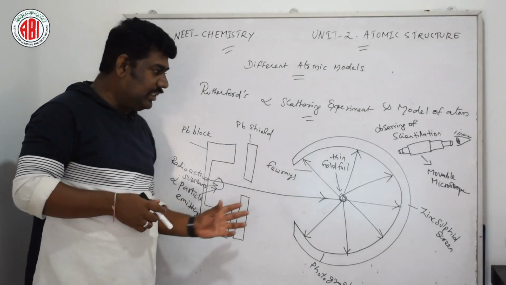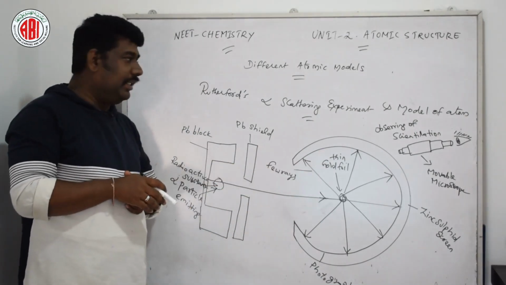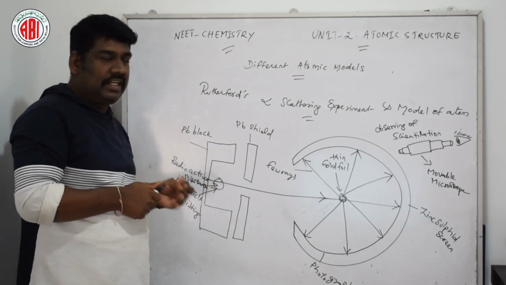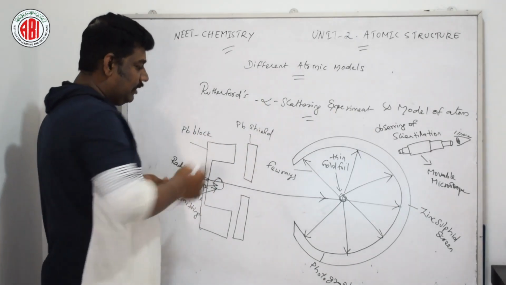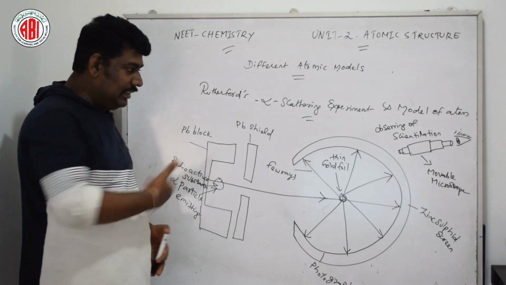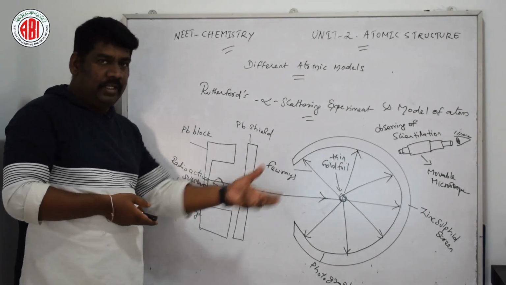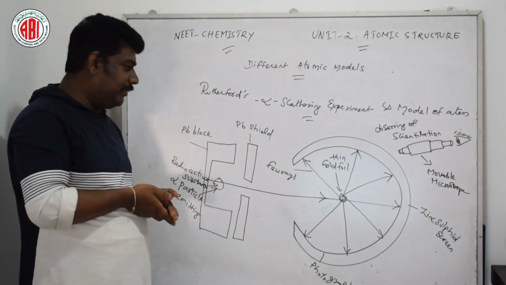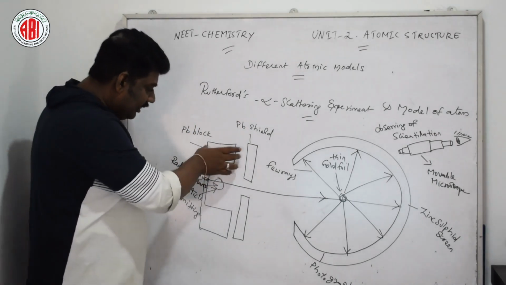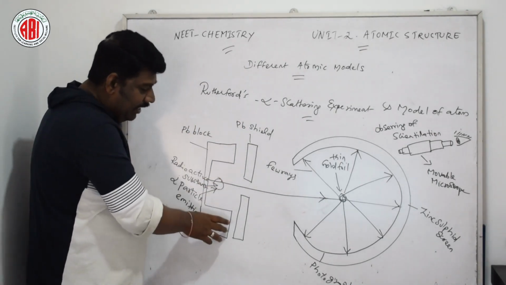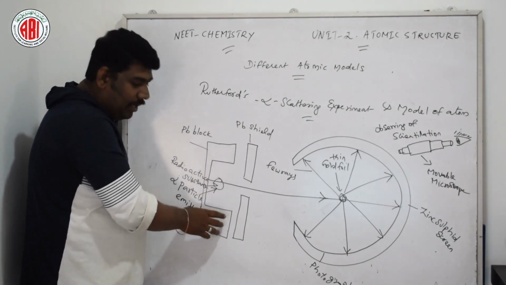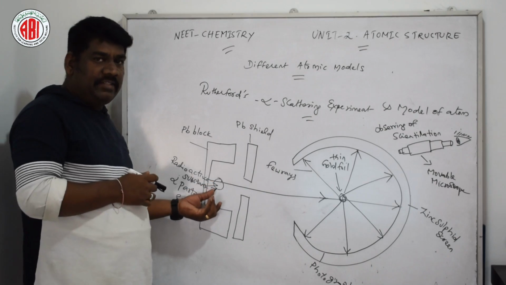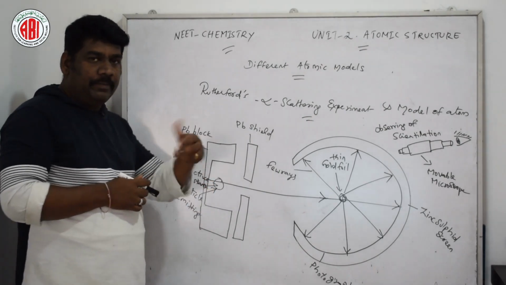Actually, this is the experimental setup with which Rutherford did the alpha scattering experiment. Let us first see what components are present in the experiment, and then we will go through the experiment. Here there is a lead block, and that lead block contains a radioactive substance that should be bombarded.